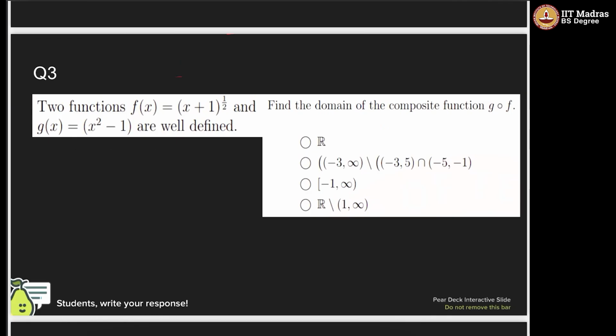So let's now solve the third question. Two functions f and g are well-defined functions. We have to find the domain of the composition function.